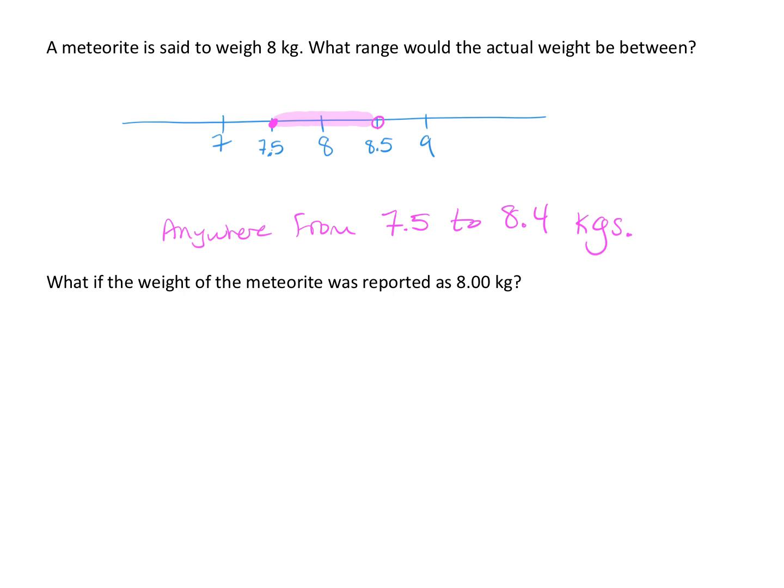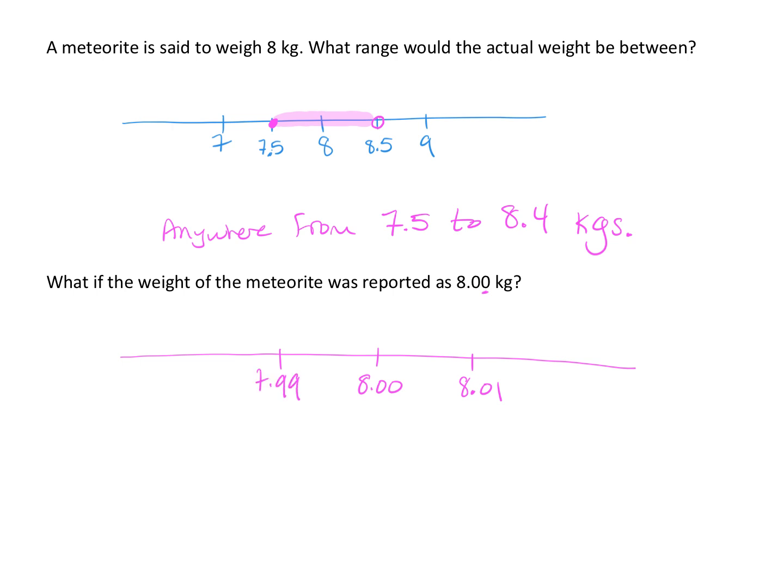But what if the weight of the meteorite was reported as 8.00 kilograms? In this case, we're going to assume that they rounded to the nearest hundredth. By including those two decimal places, they are telling the reader that they rounded to the nearest hundredth. So when I make my number line and put 8.00 on it, the next hundredth up would be 8.01, and the hundredth below would be 7.99.